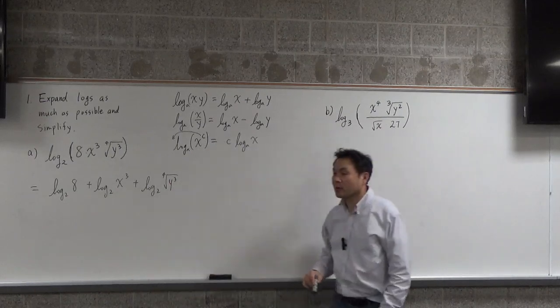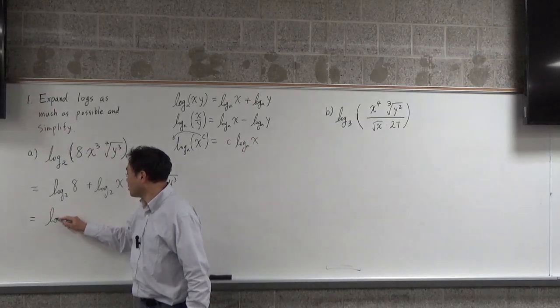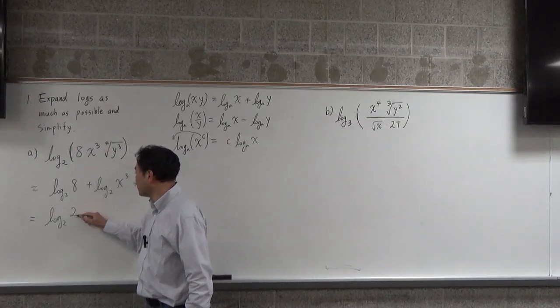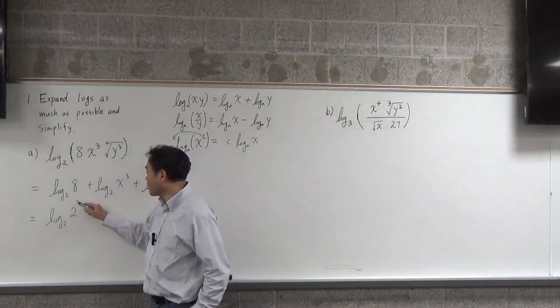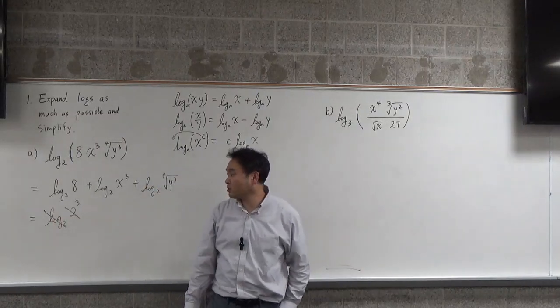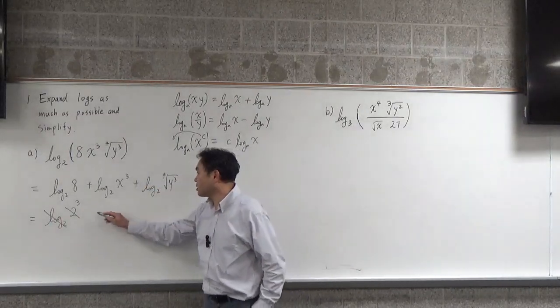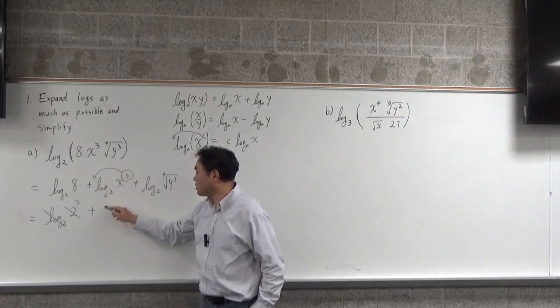Just like that. And then, how do you do log base 2 of 8? Well, you think of 8 as 2 to what power? Third power, right? And because log and exponents cancel, you just end up with a 3. And for this one, you can make the 3 jump in front.